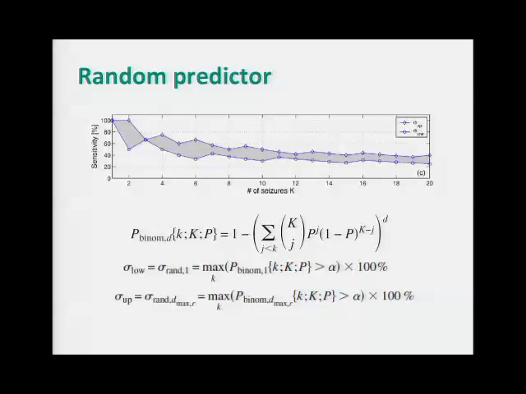With that, we will have two critical values, one lower, one higher, that will tell us that if we are above those critical values, we will have a significant method. This random predictor will follow a Poisson process, and then we will have a binomial distribution of this.